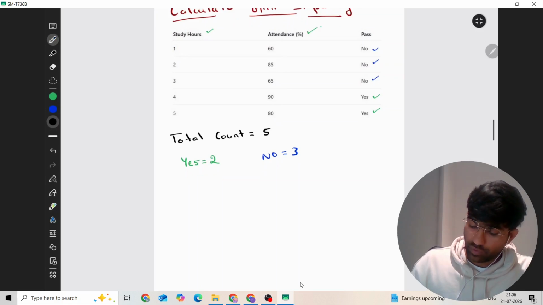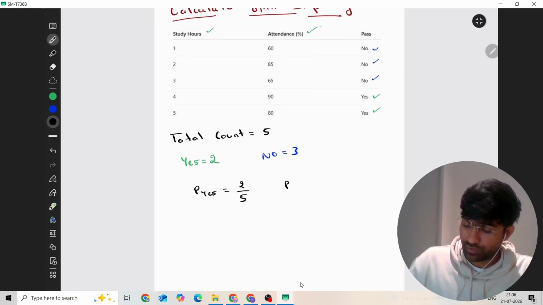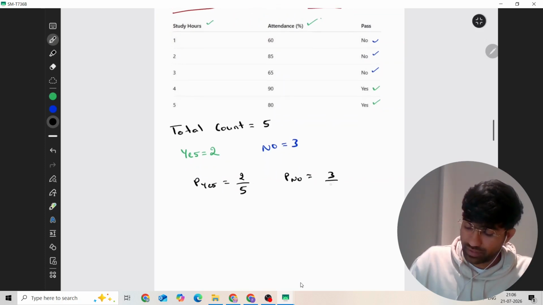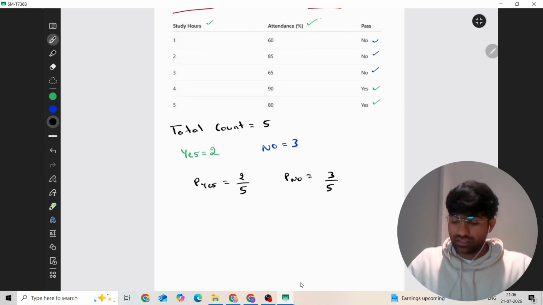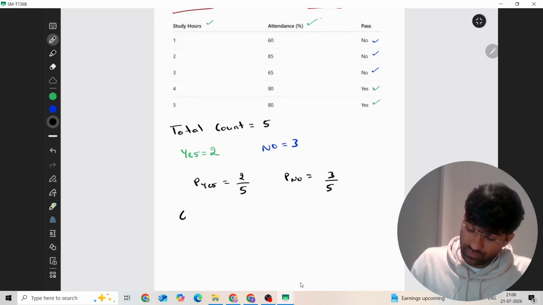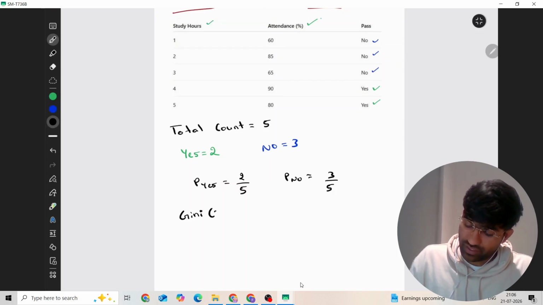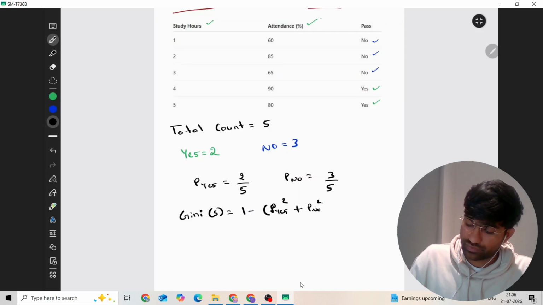Then probability of yes will be 2 by 5. And probability of no will be 3 by 5. Our Gini impurity will be Gini of S is equal to 1 minus probability of yes square plus probability of no square.